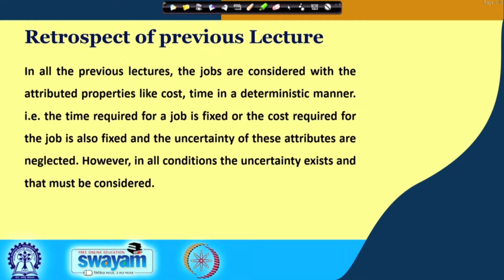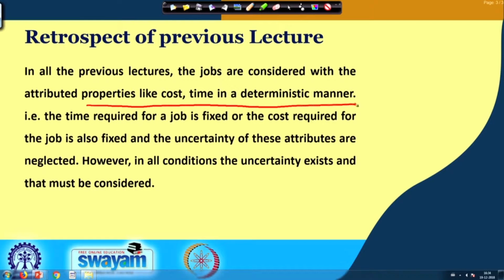In all our previous lectures, the jobs are considered with their attributed properties like cost and time in a deterministic manner. That is, we have considered that the time required to complete a job is fixed. Say we would like to transfer x material from place 1 to place 2, and we have considered the time requirement for this is T x.